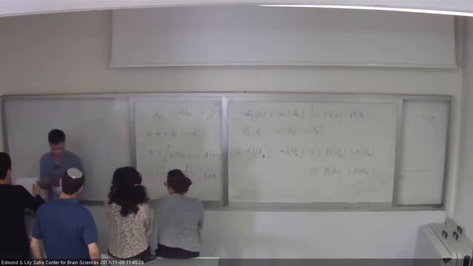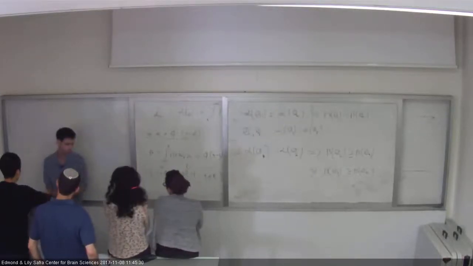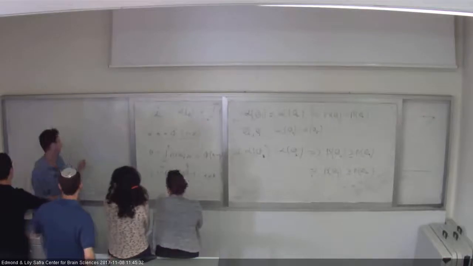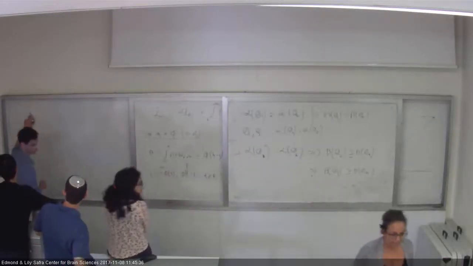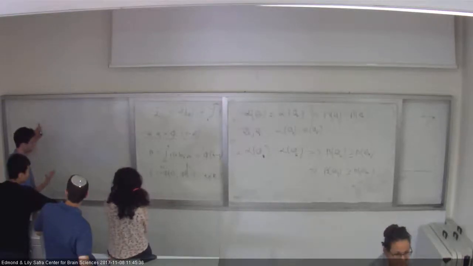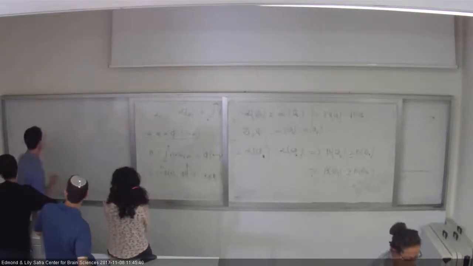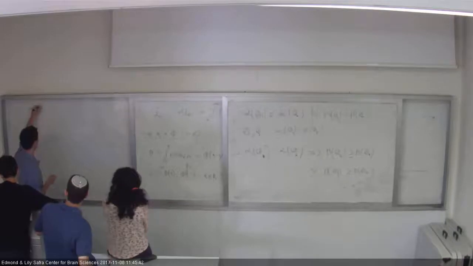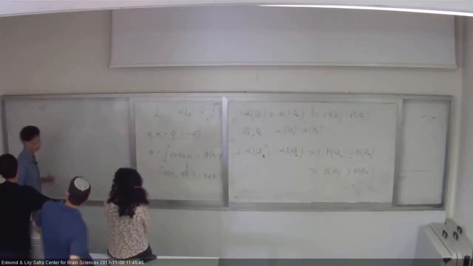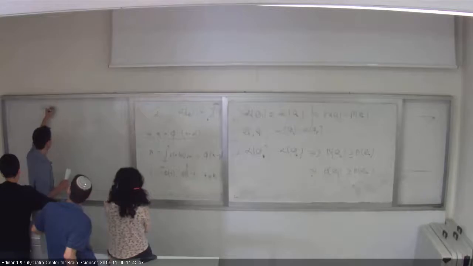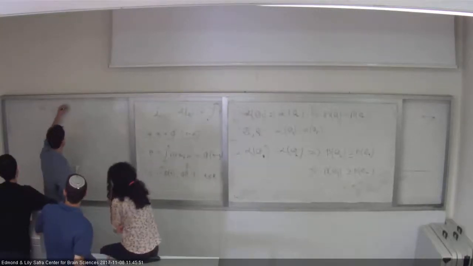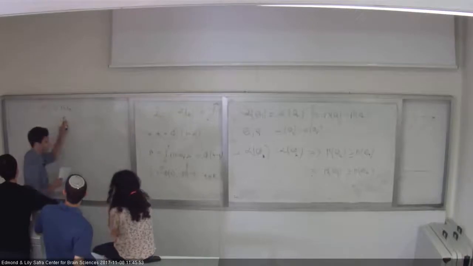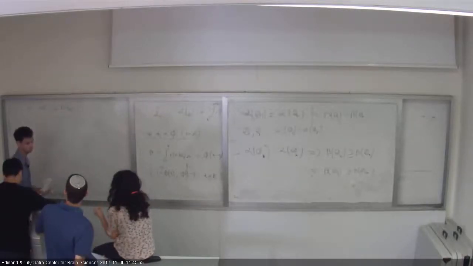Basically, you have some test, okay? You have some test lambda. And now you tell me that beta of lambda is greater than beta of lambda theta, or greater or equal.